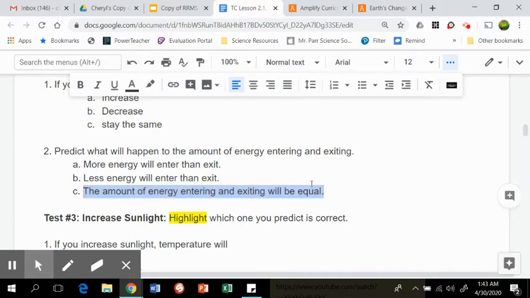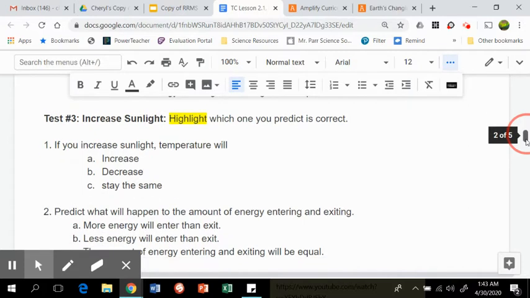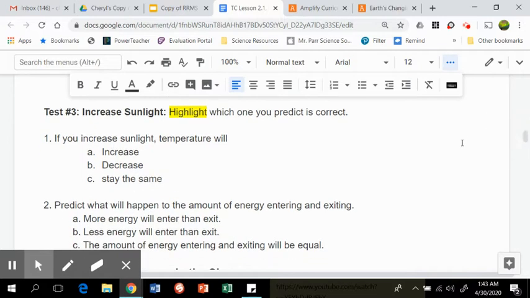All right, test number 3 is if we increase the sunlight. Highlight which one you predict is correct. If you increase sunlight, temperature will A, increase, B, decrease, or C, stay the same. So highlight which one you think is correct.